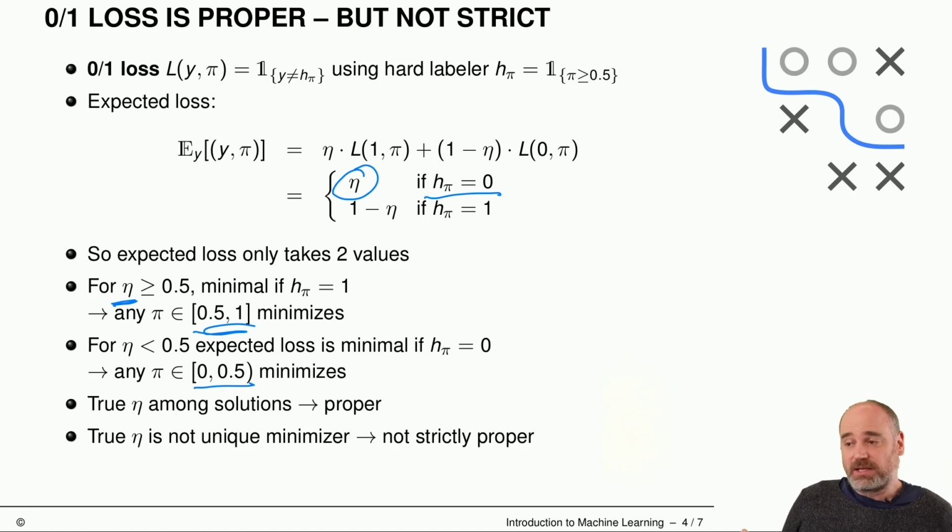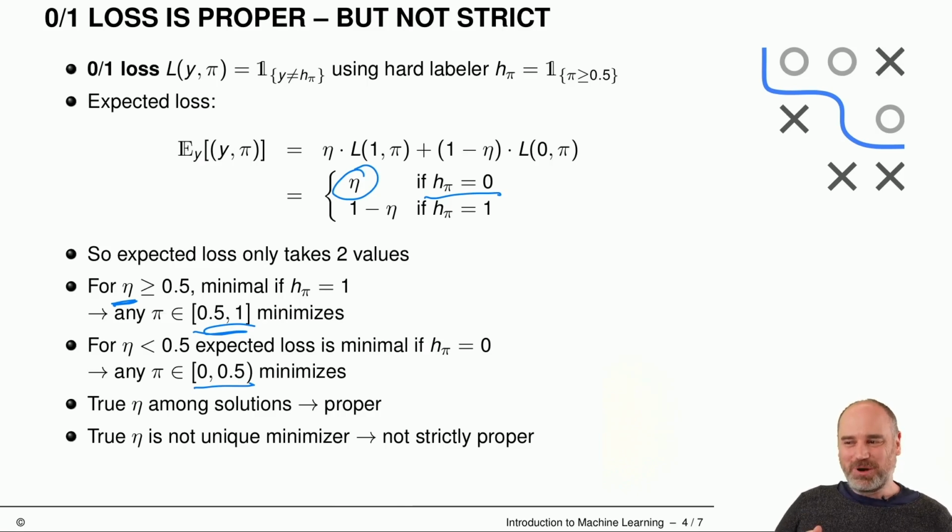On the other hand, you can also clearly see that this rule here doesn't really discriminate very strongly between many different solutions, because there's like this whole super large interval of different solutions, and they are all the same to us under this loss function, right? So this eta is not our unique minimizer.